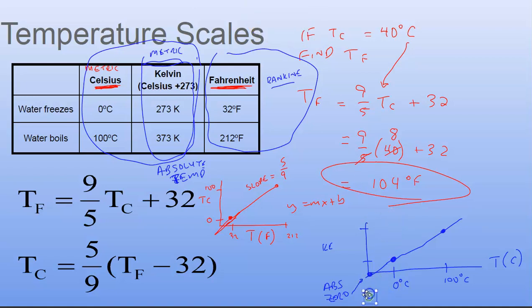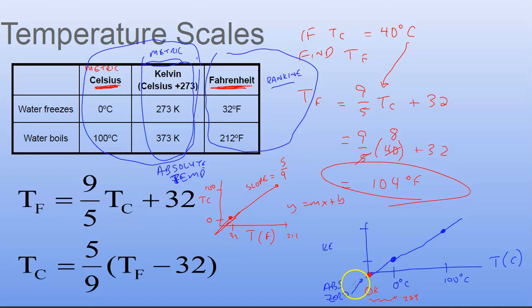So right here, if I'm at 0 Kelvin, that point where all the kinetic energy theoretically stops, then that's our starting point. We're not starting from the melting point of water. We're starting from way down here where everything stops. And the difference, the distance, if you will, right here, that's 273 degrees.